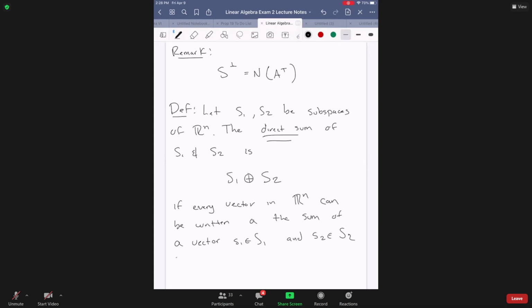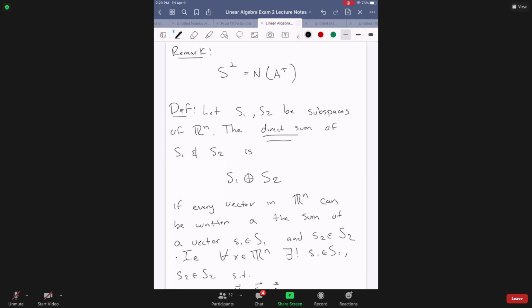In other words, for every x in R^n, there exists a unique way to write s1 in S1 and s2 in S2 such that x is equal to s1 plus s2. Okay?